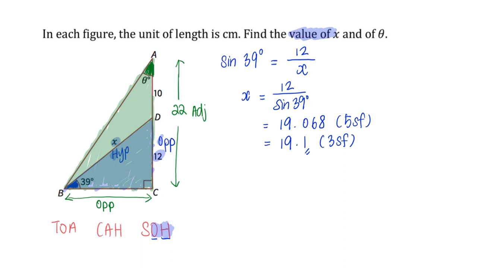To find BC, I have to go back to the blue color triangle again. I'm going to just draw out the blue color triangle and do a quick sketch.